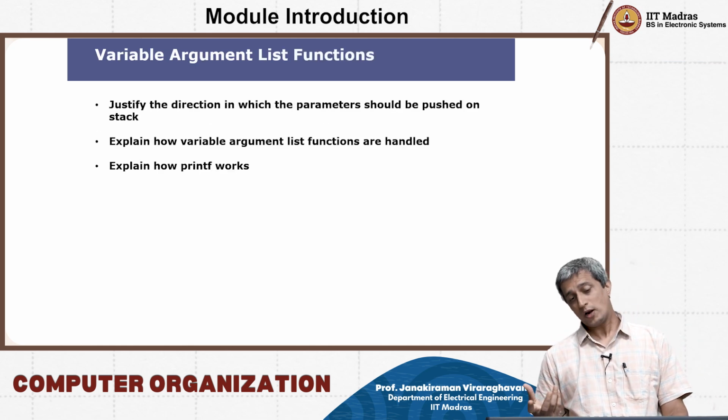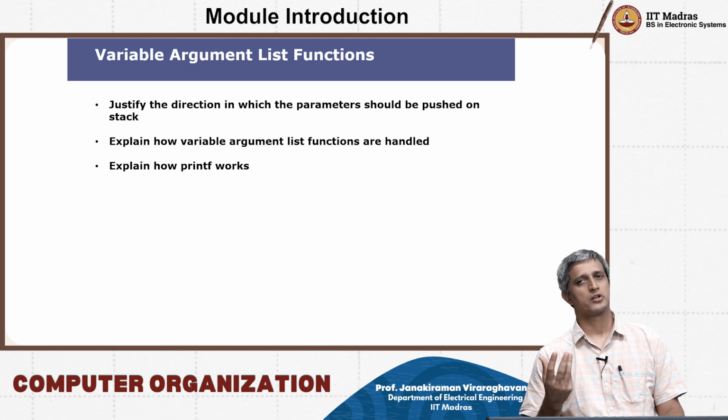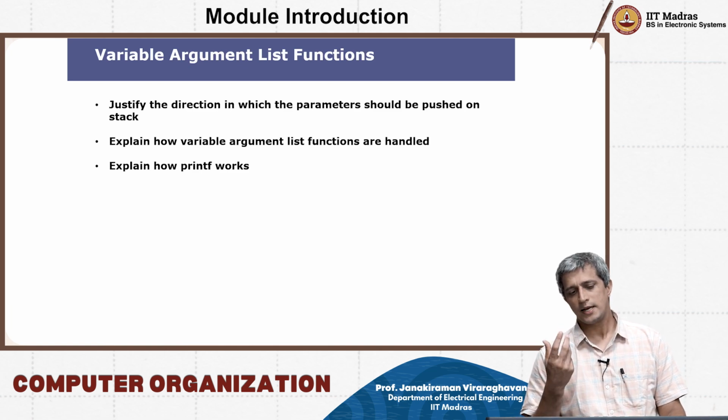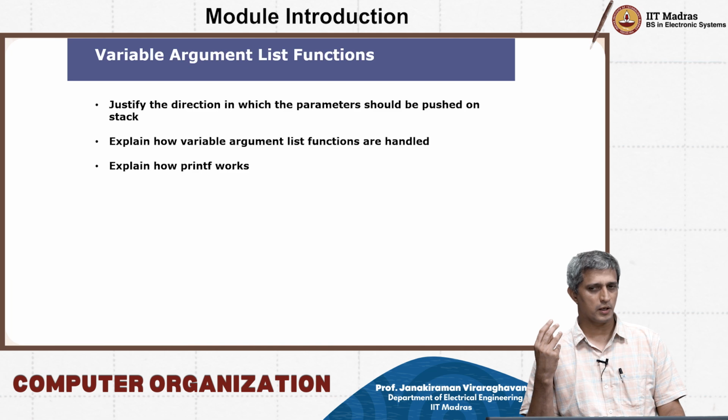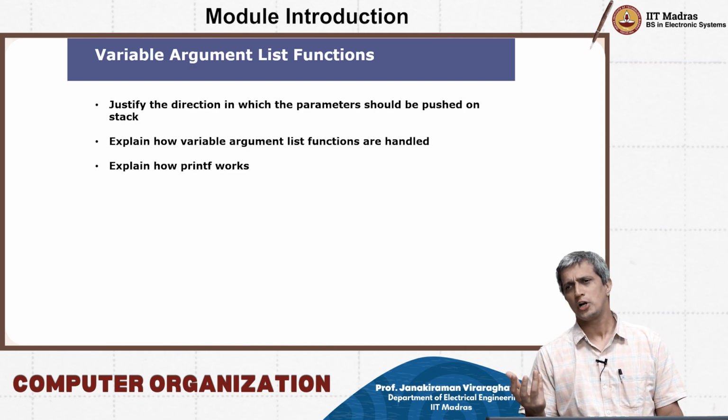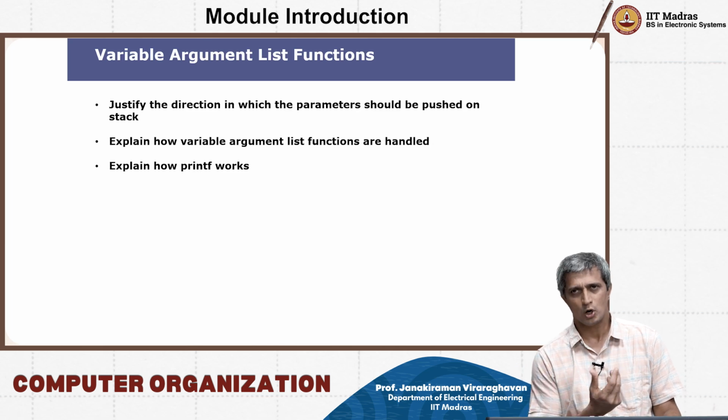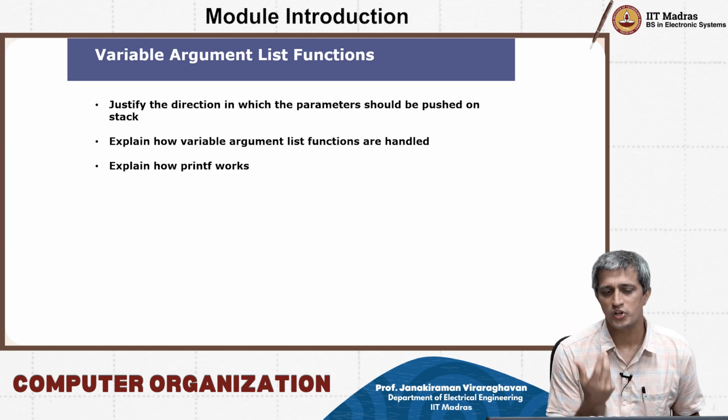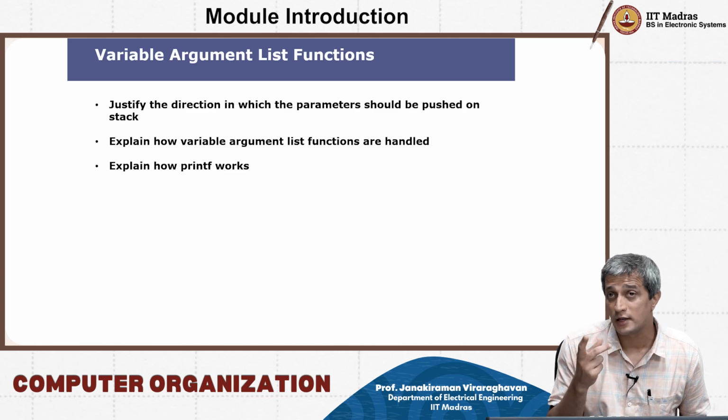Then one of the most powerful features of C is actually the idea of printf. Okay, and printf is, if you think about it, the fact that it was implemented right away in 1972 is just mind blowing. Okay, because they were able to introduce the idea of a variable argument list function.